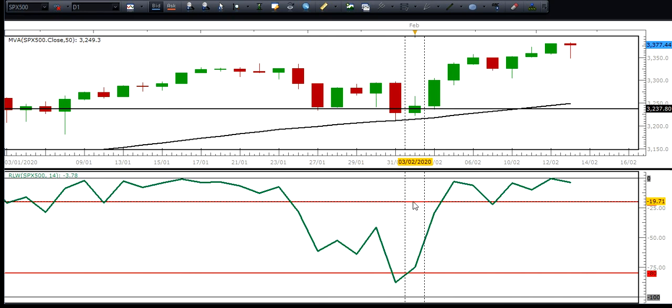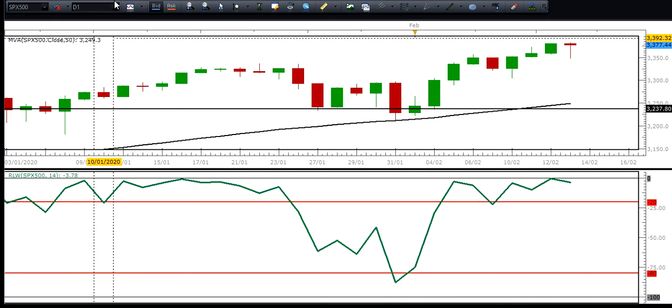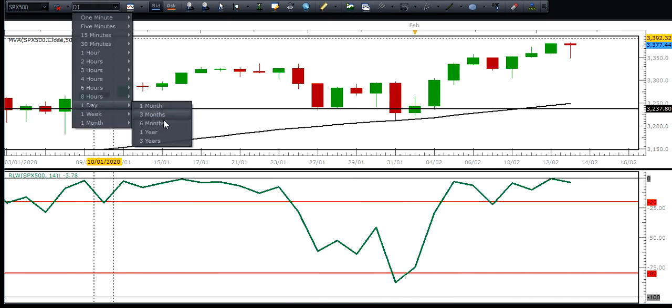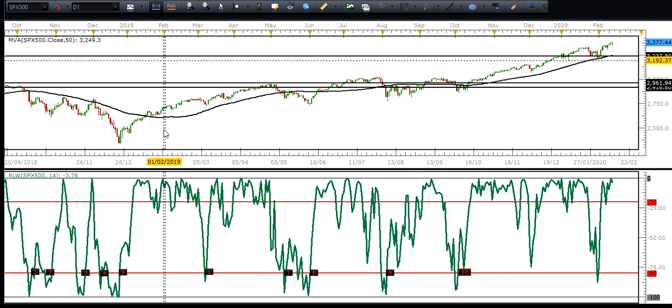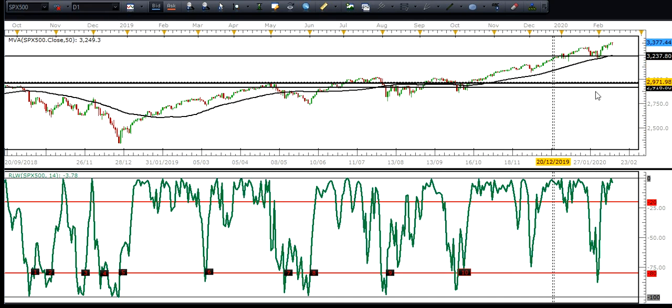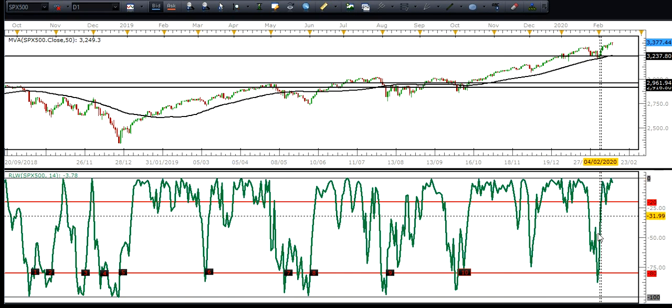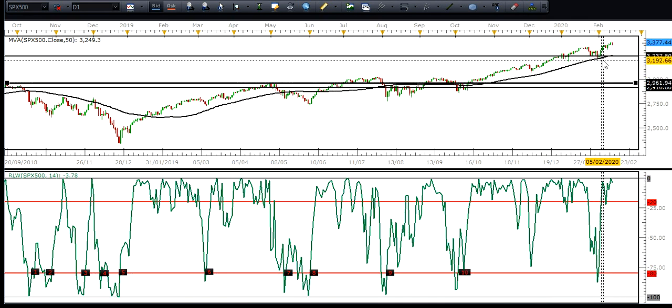Actually, it doesn't show it like that. That's why the day chart for the last month. Okay, this was it here. You look up, that was an entry candle. That was a few days ago.